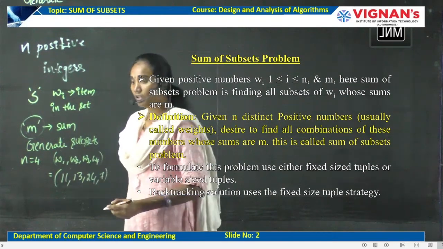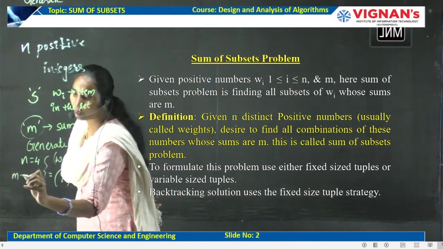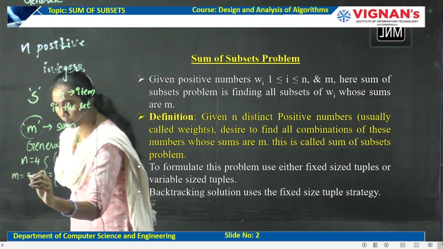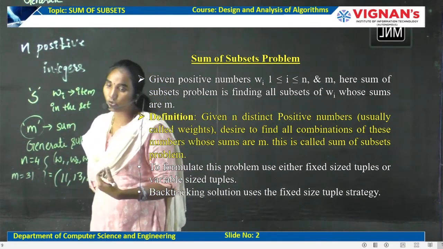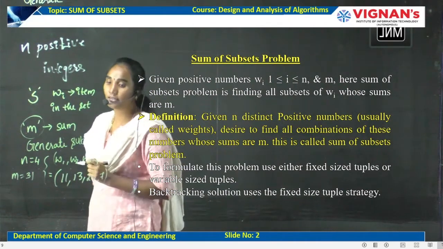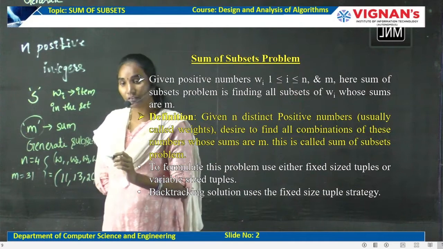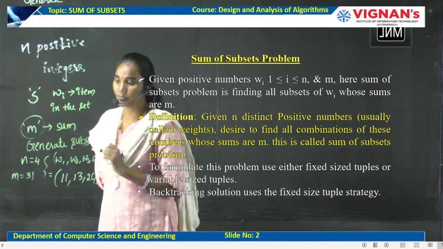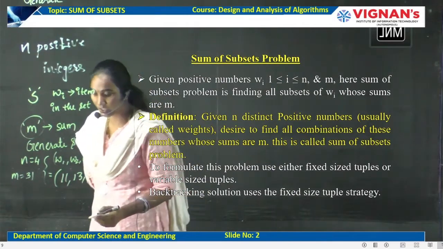They have also given you the M value. There are 4 elements and the sum required is 31, right? So what are these solutions? Here the sum is 31 and these are the weights given to you, and our main theme is to generate the subsets. So what might be the subsets which yield 31?